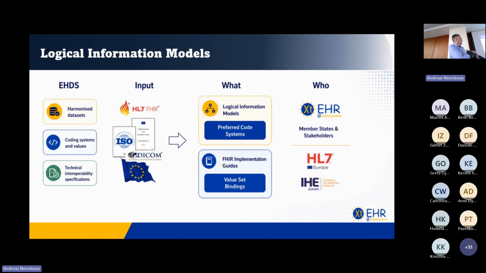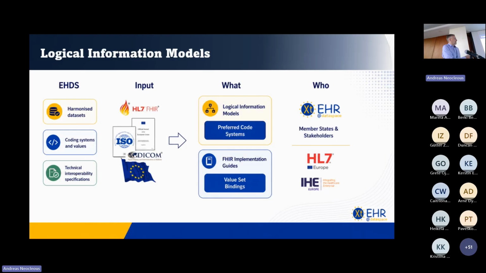The middle part here, coding systems and values. On the logical information model level, we work with preferred code systems in line with what is in the eHealth network guidelines. So we follow the proud tradition of the eHealth network in specifying preferred code systems on the logical level.